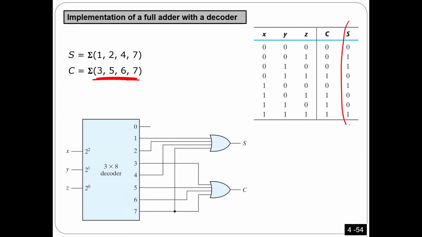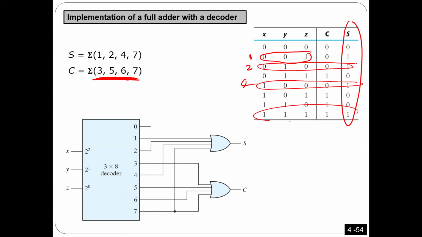For example, here in case of summation. This one has to give me 1 when the input is number 1, number 2, and number 4 and number 7. That means when the input is one of these numbers, S has to be 1, else it has to be 0.